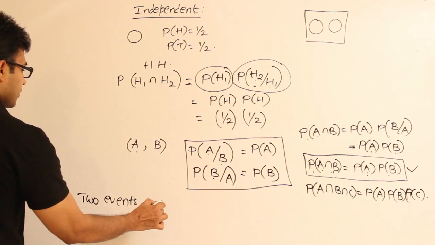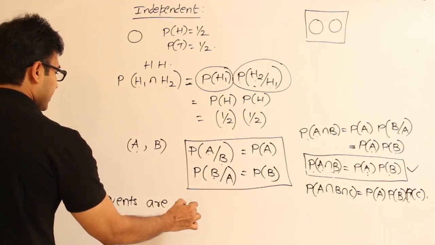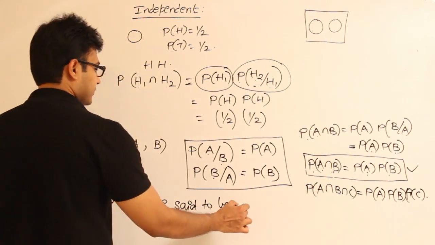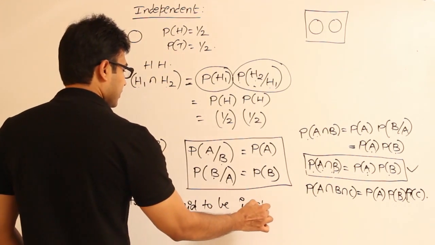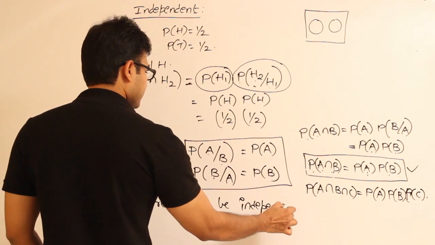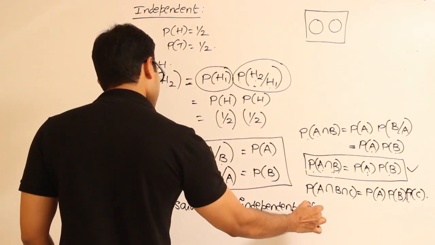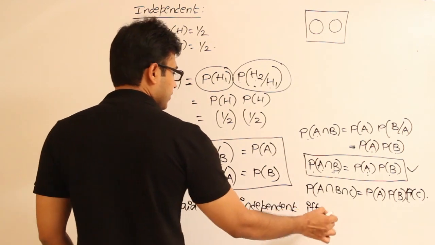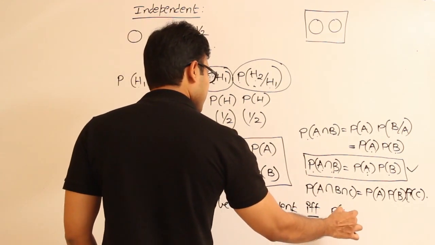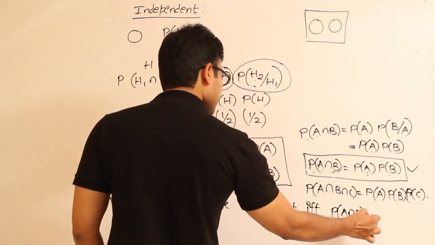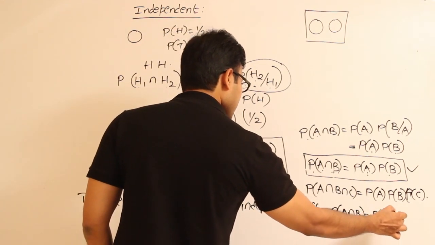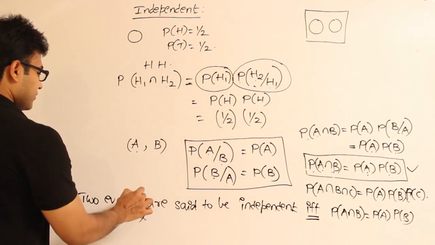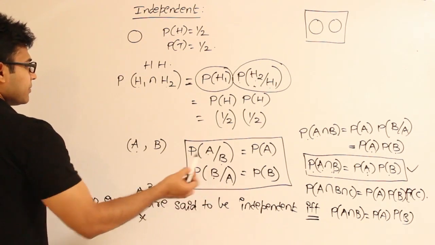Two events are said to be independent, I write, if and only if, IFF, it is important. If and only if P of A intersection B equals P of A into P of B. Two events A and B, A comma B, are said to be independent if this holds.